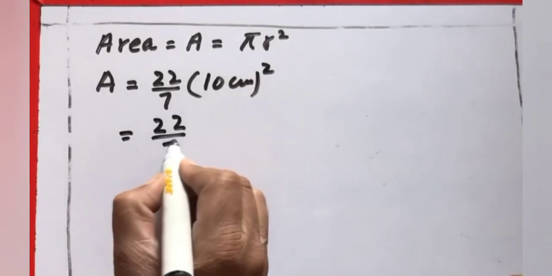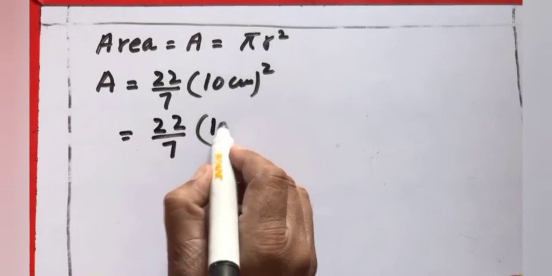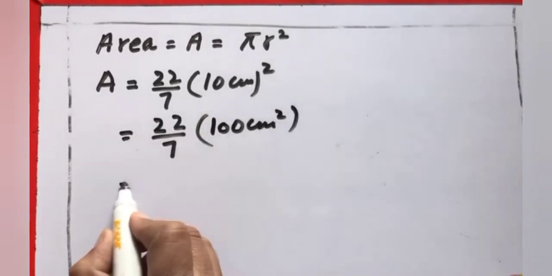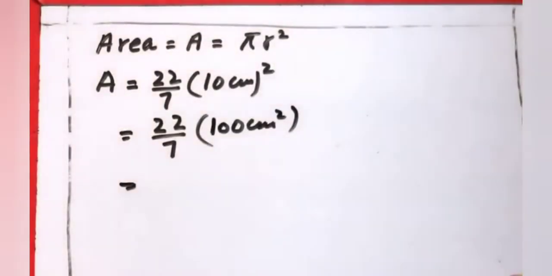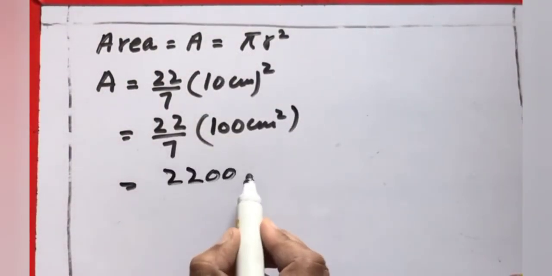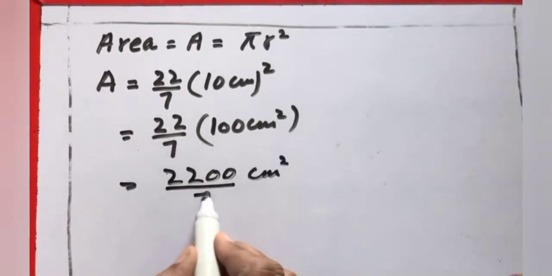By simplifying 22 by 7 into, by taking the square of 10, we will have 100 centimeter square, and by multiplying 22 by 100 we will have 2200 centimeter square, and in the denominator we have 7.